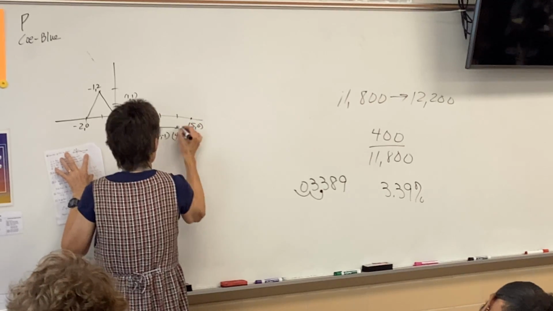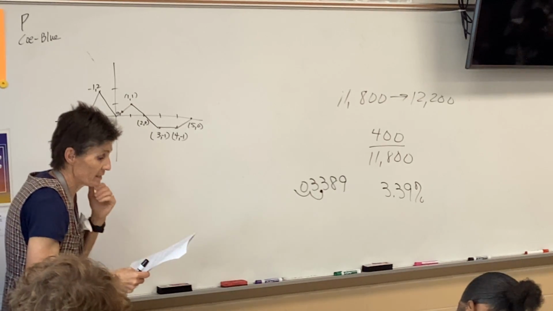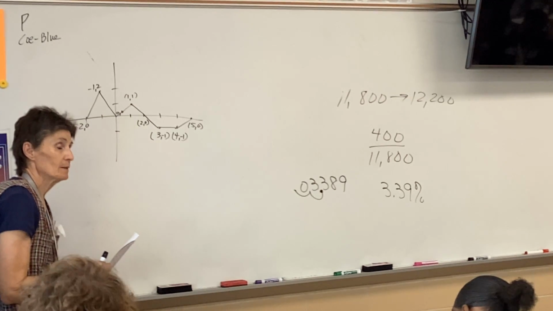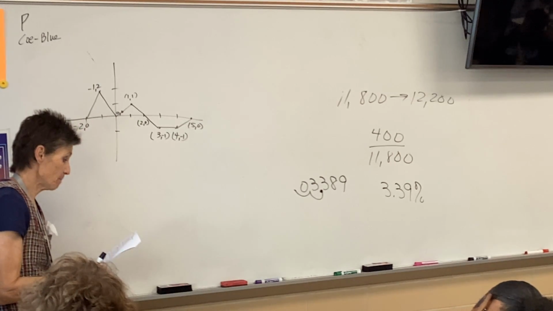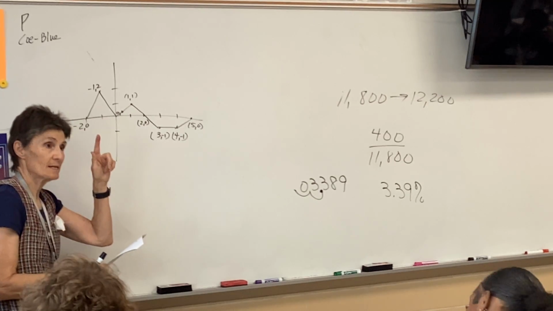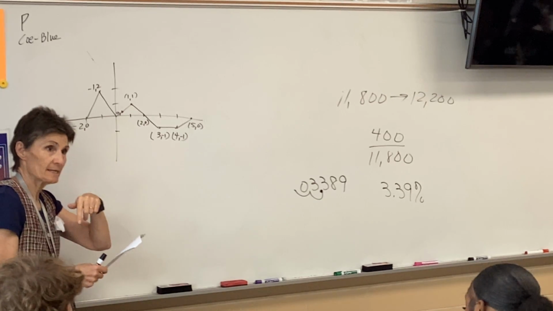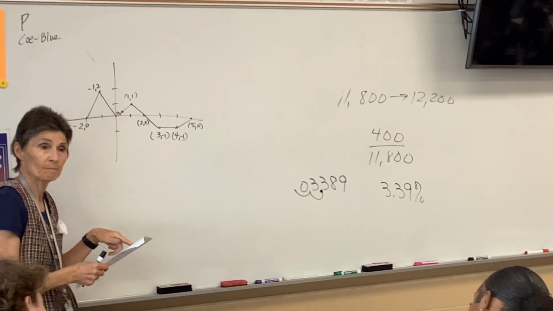So there's my original picture. I went ahead and labeled all my points, because I know what's coming. I'm gonna have to sketch the inverse eventually. Is this a function? Yes. It passes the vertical line test. Is the inverse a function?